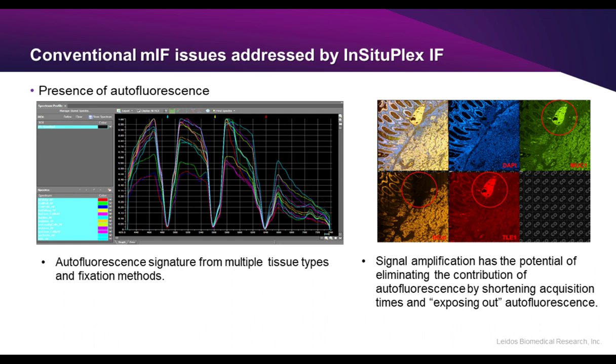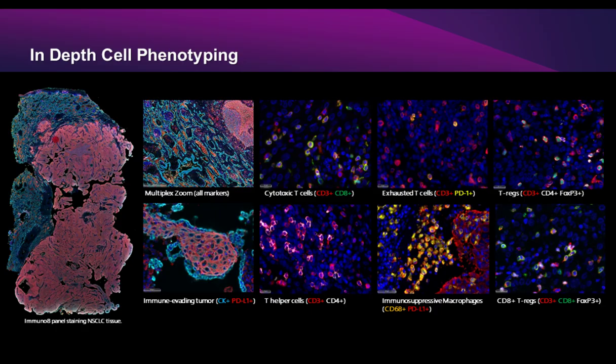And also, if you're trying to pick a certain cell phenotype, as we take a look in our 8-plex, and you want to look at these certain phenotypes, then you're going to need to do the kind of high-plex single slide registration with all these markers.